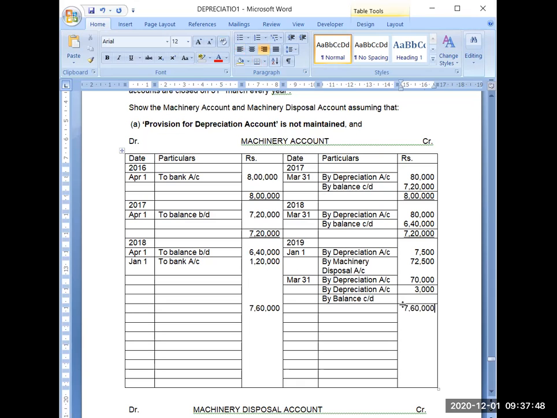Now we can separate all the amounts here. So the balance will be now 6,07,000 for the machinery account.